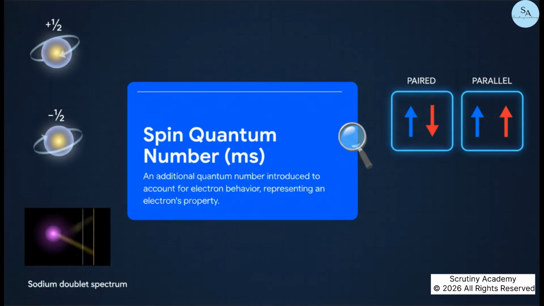To solve this mystery, they introduced a fourth quantum number, the spin quantum number, or what we call m sub s. The best way to think of it is that an electron has its own internal spin. It's a fundamental property, just like its charge or its mass. Now, it's not literally spinning like a toy top, but it behaves as if it has its own tiny magnetic field.